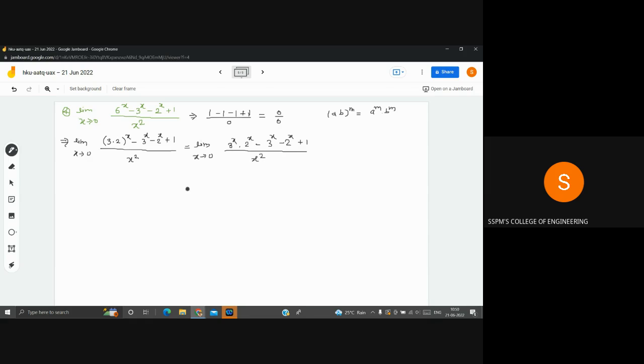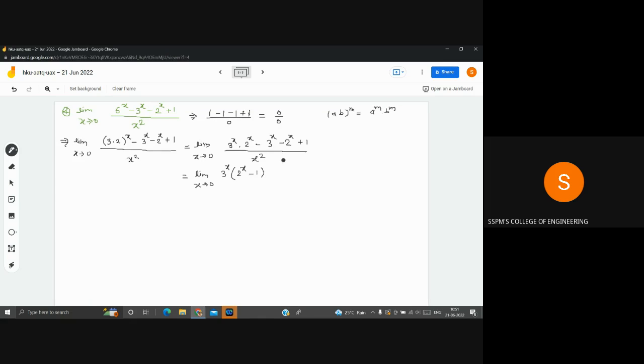Limit as x tends to 0. Here in this case, consider the first two terms. What is common between these two? 3 raised to x. You can take this term as common. So 3 raised to x into 2 raised to x, what will remain here?